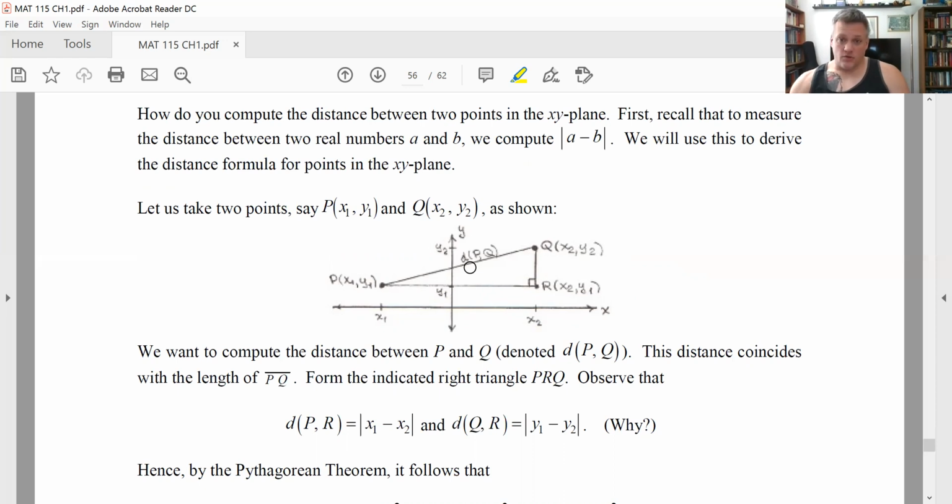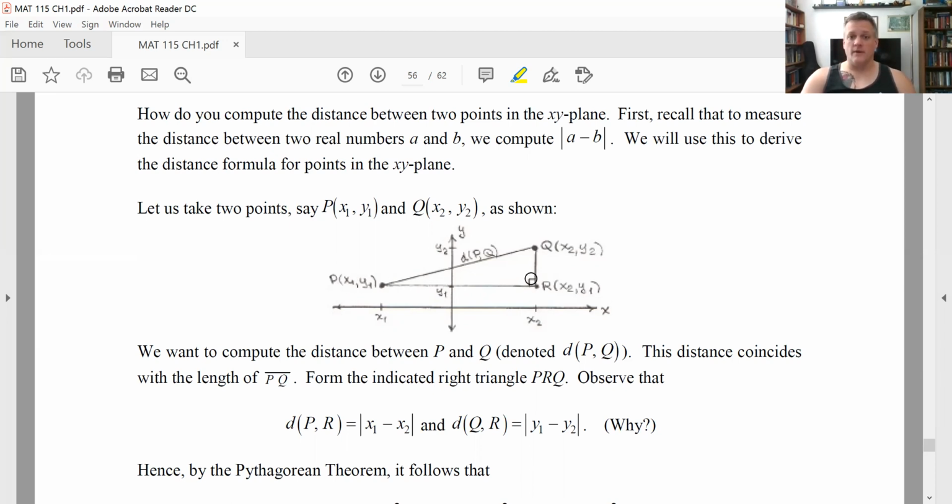But what you can do is form a right triangle by keeping this height always at y1 and this x coordinate always as x2, right? So if I look at the point R with x coordinate x2 and y coordinate y1, notice that QR, that segment here, is vertical because I never changed the x coordinate, right? The only thing that's changing here is the y coordinate. And similarly here, the segment PR, well, that's horizontal because I never changed the y.